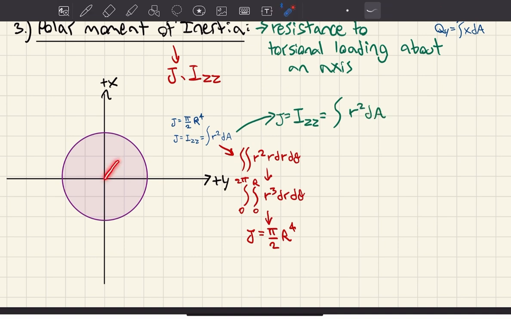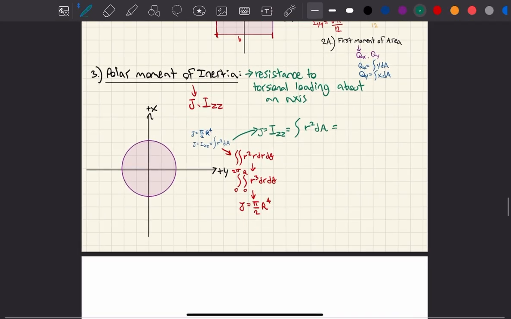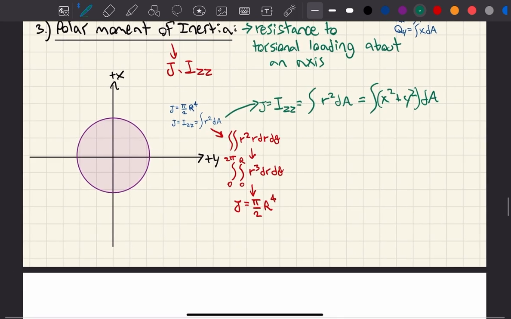I know that if this is r squared, this is x squared, and this is y squared, right? So I can say that r squared is equal to x squared plus y squared, right? Okay, let's replace that. This is equal to the integral of x squared plus y squared dA, right?